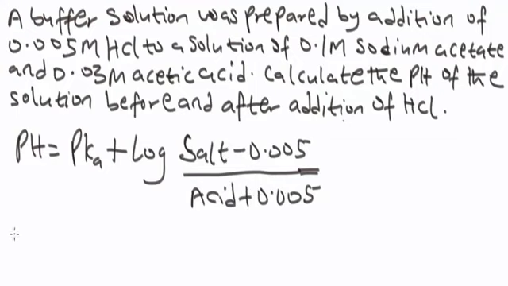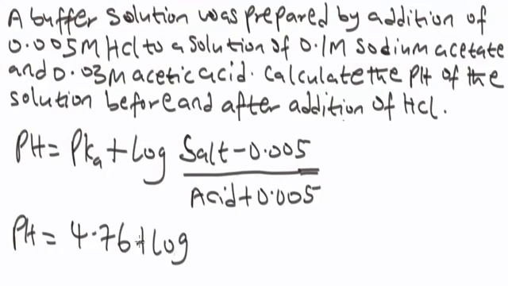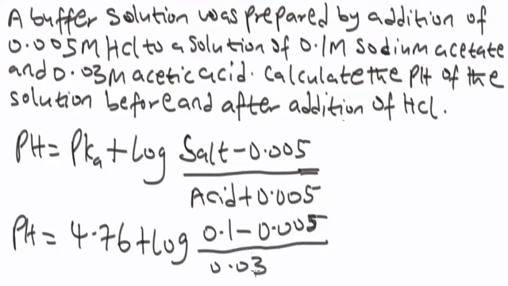Alright, so let's simplify. pH equals, so the pK we got to be 4.76 plus log. Alright, so the concentration of the conjugate base, which is the sodium acetate, is 0.1 minus 0.005, over that of the acetic acid, which is the ethanoic acid, 0.03 plus 0.005.